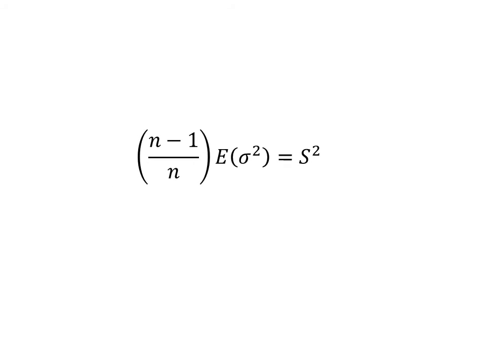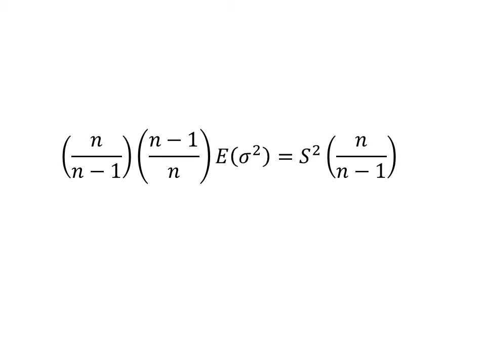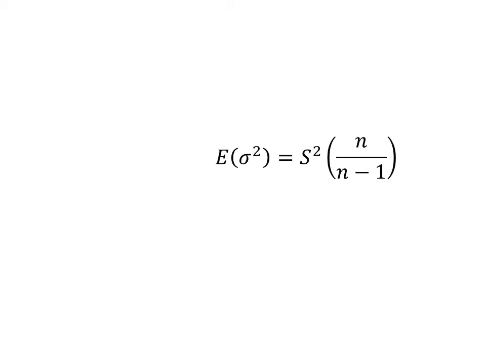Now we're almost there. We multiply each side of the equation by n divided by n minus 1. On the left, n divided by n minus 1 and n minus 1 divided by n cancel out, leaving us with the expected sigma squared equal to s squared times n divided by n minus 1.